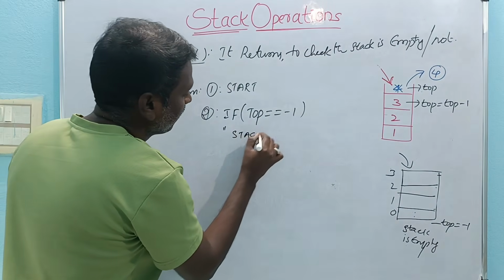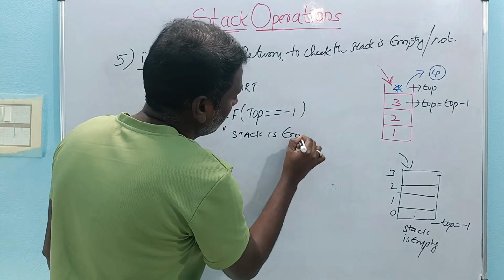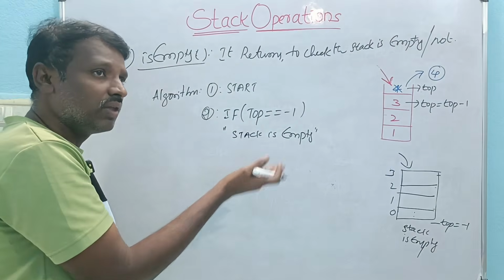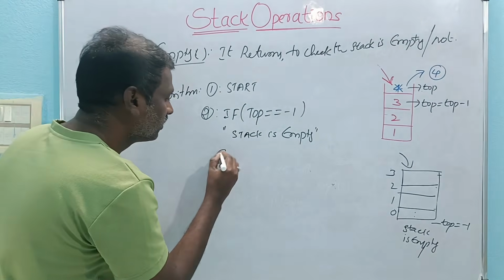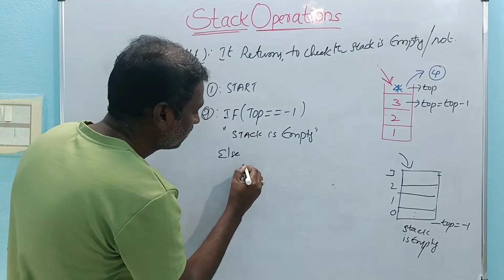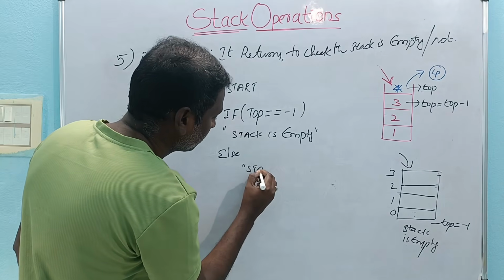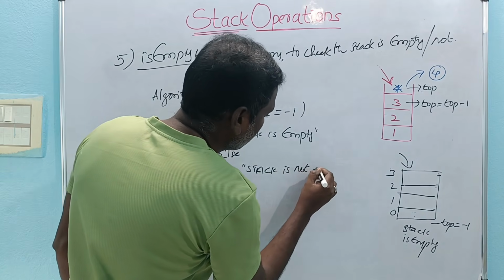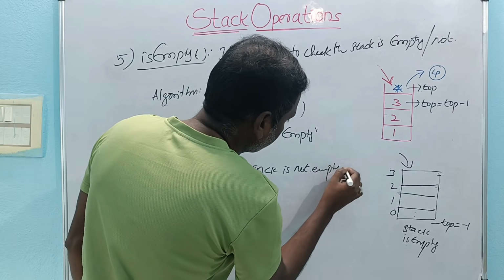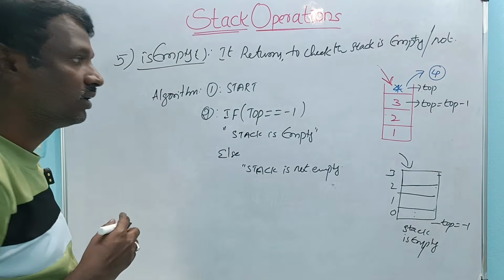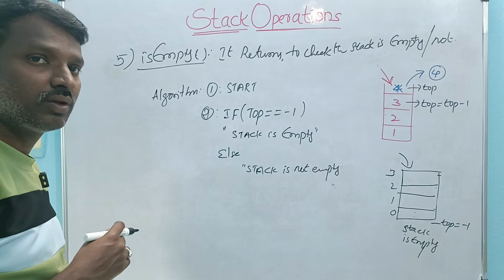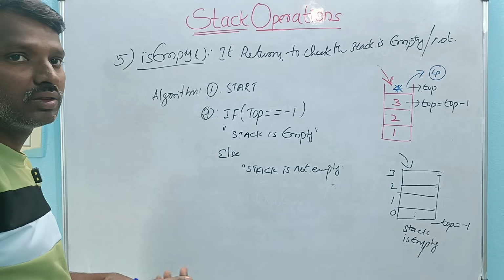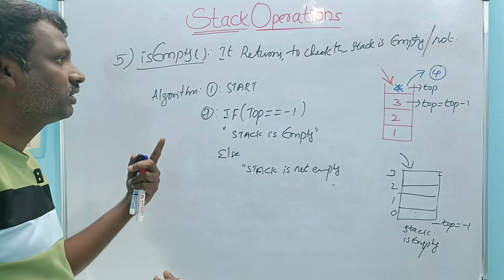The stack is empty. Otherwise, it means the stack has some elements. Here we are writing else, the stack is not empty. Okay, so this is the simple algorithm of the isEmpty operation.